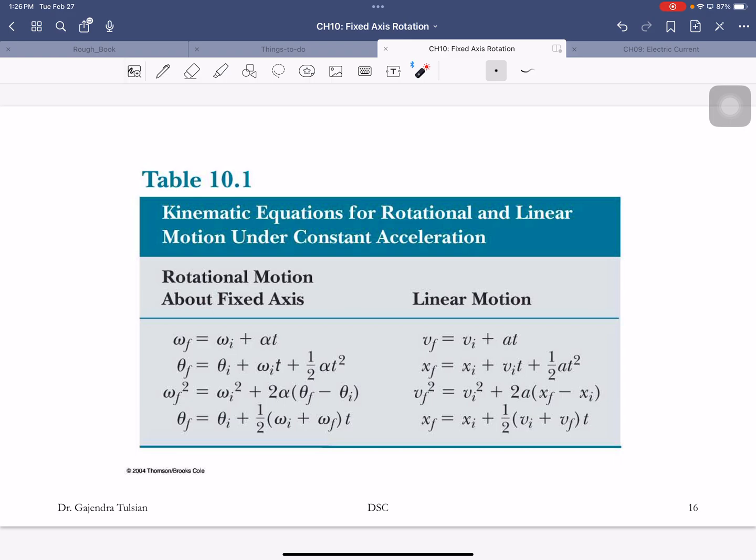Now I'll give you the simple recipe. We've talked for over an hour now, and I probably have confused the heck out of you. But here it is: you replace x with theta, v with omega, and a with alpha. That's all, and you get everything that we've talked about so far.